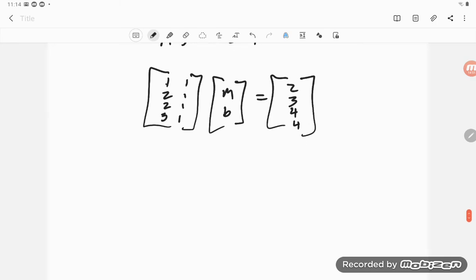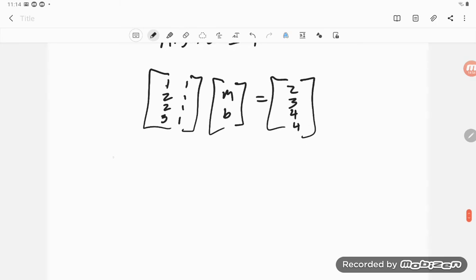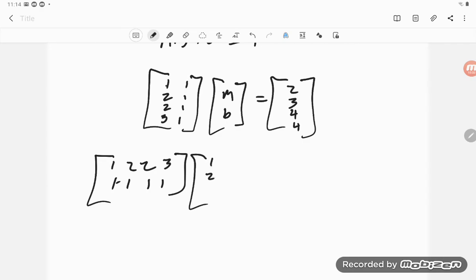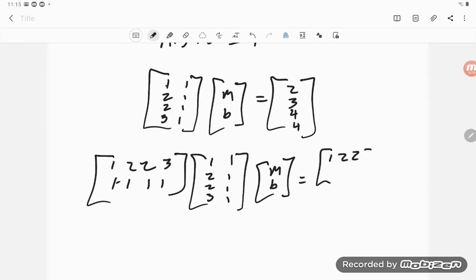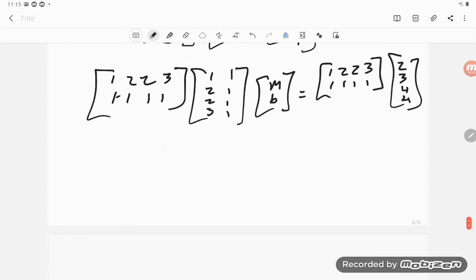And so if I multiply through by the transpose, the transpose of that matrix times the matrix times m, b, is equal to the transpose times 2, 3, 4, 4. I now get a 2 by 2 problem.